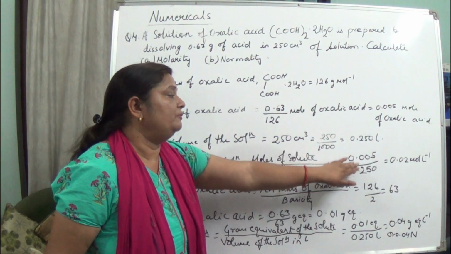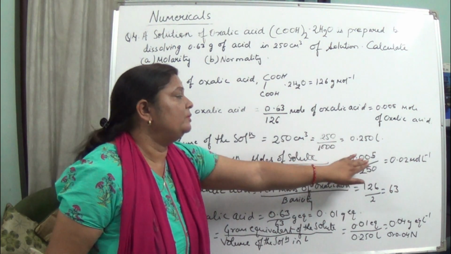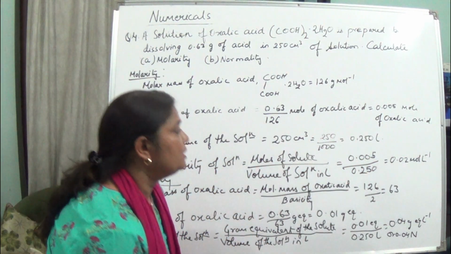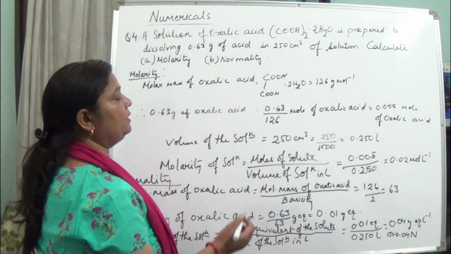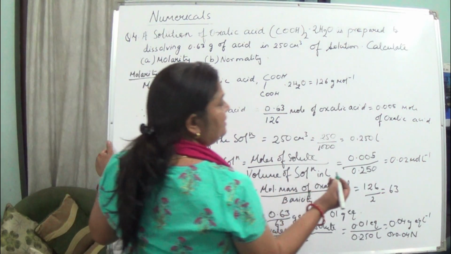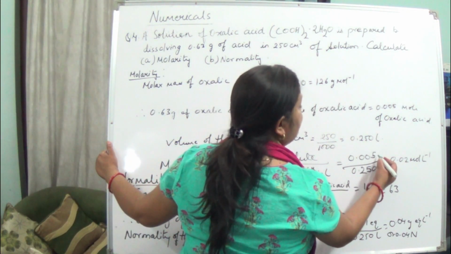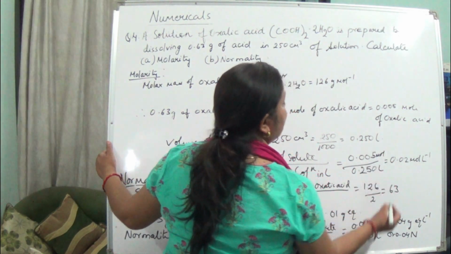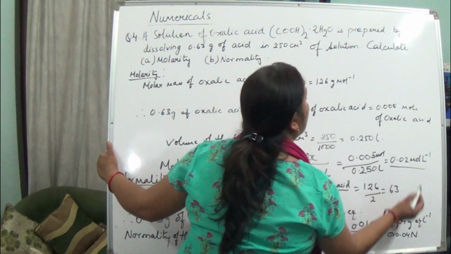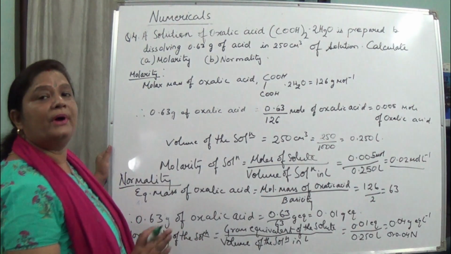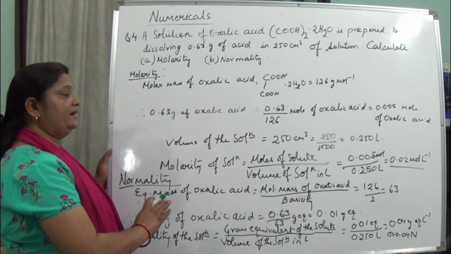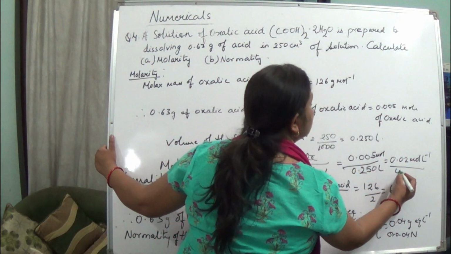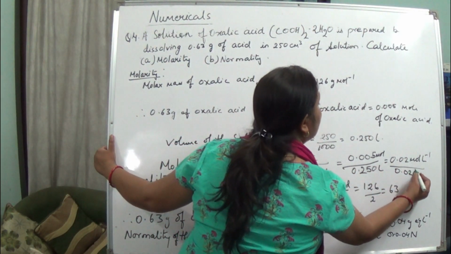When we solve it, you get 0.02 mole per liter, because here the unit is mole and here it is liter. So molarity is equal to 0.02 mole per liter, or you can also write 0.02 capital M.